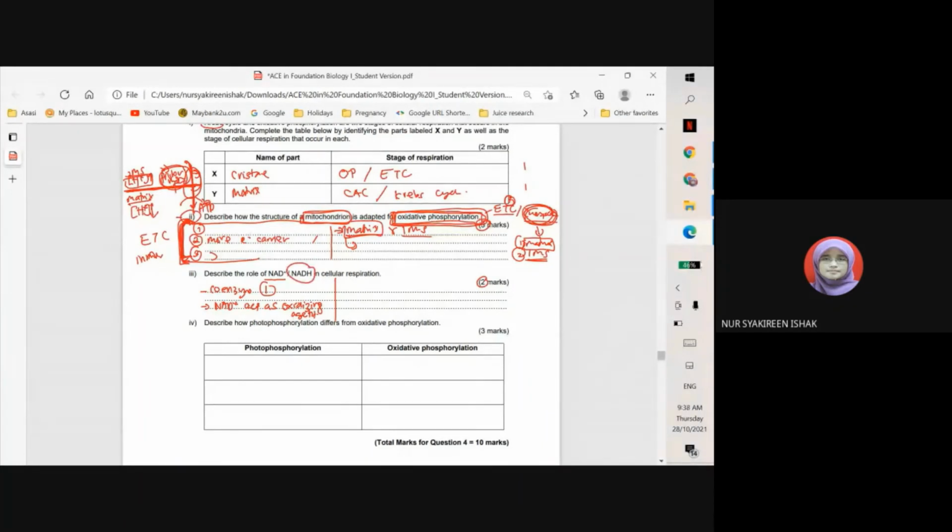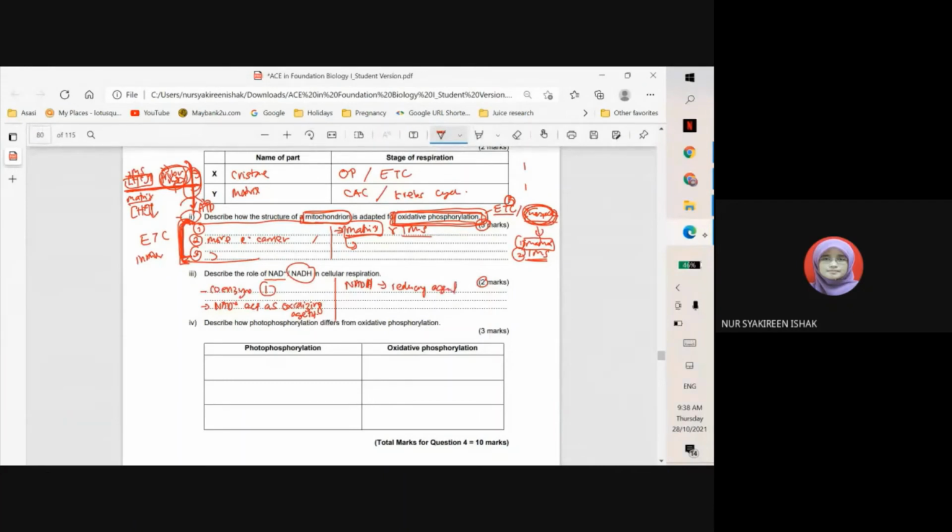Ataupun NADH ni, or describe for NADH. Dia nak mana-mana satu. Either you describe for NAD plus or you describe for NADH. If you are describing NADH, it functions as a reducing agent. Sebab apa? Kalau reducing agent dia akan mengalami oxidation lah kan. NADH will be oxidized by releasing its electrons to the electron transport chain. So itu untuk markah yang pertama kalau choose to describe NADH lah.